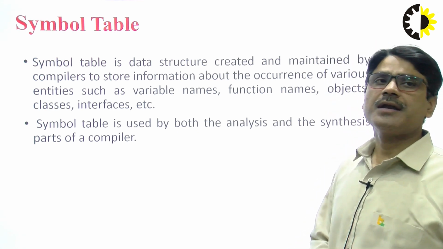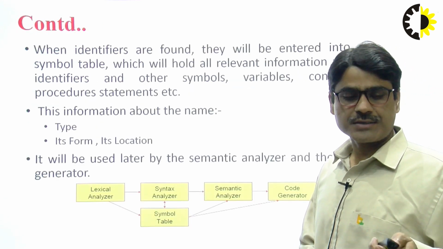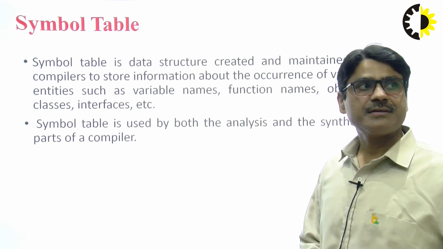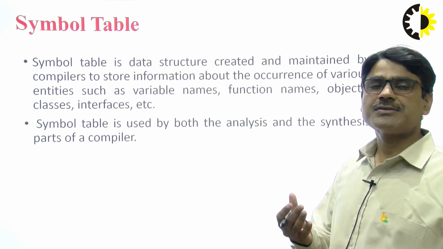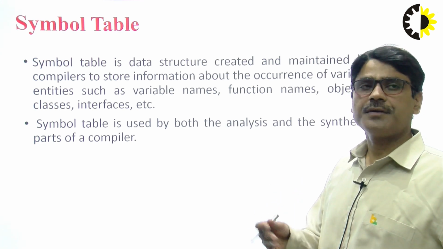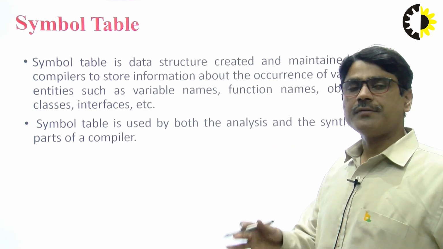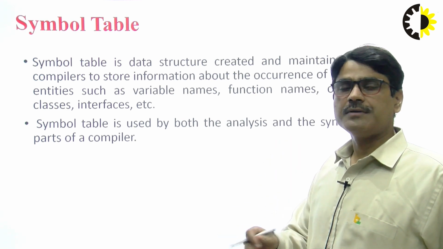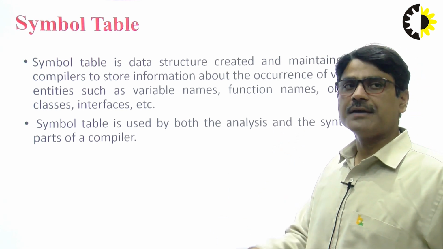Some specific data structures are involved in the symbol table, and it is created and maintained by the compiler, because whenever a variable is introduced for different calculations, or intermediate variables are introduced, the symbol table will manage that variable, store its value, and when a value is required in between, it will be supplied by the symbol table.